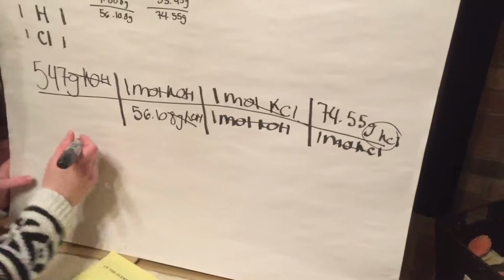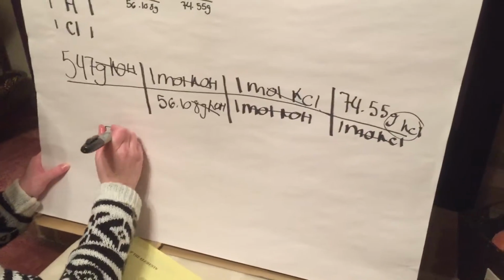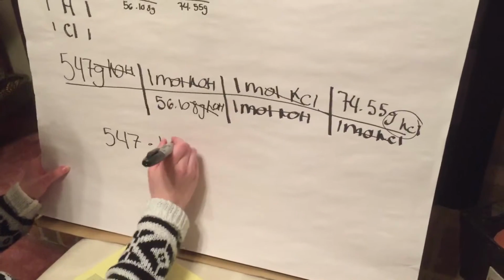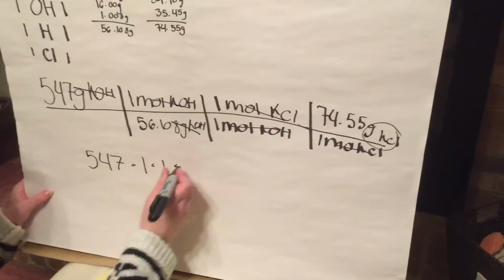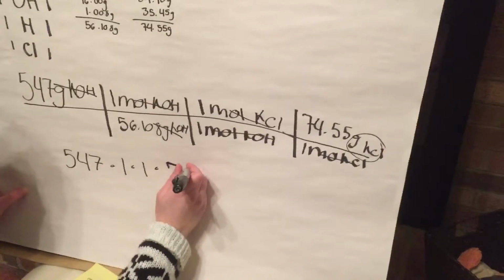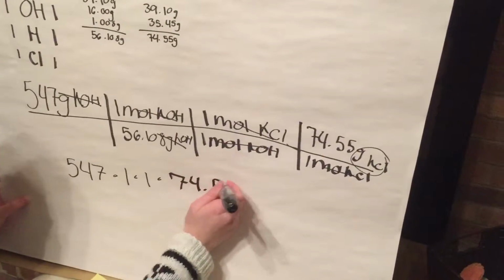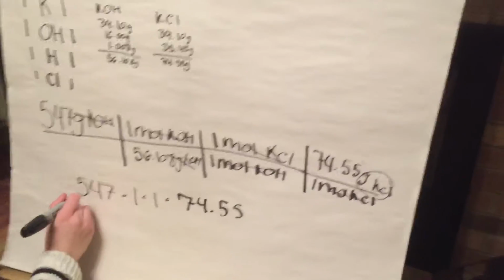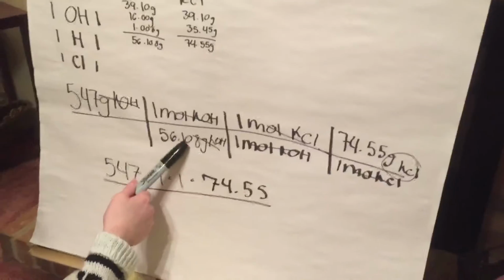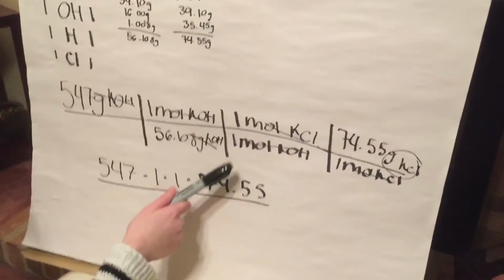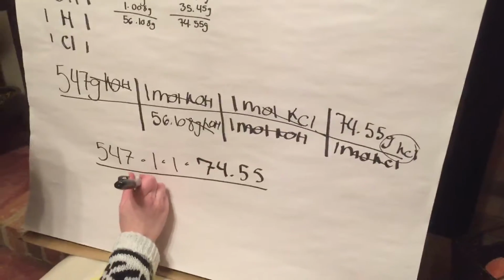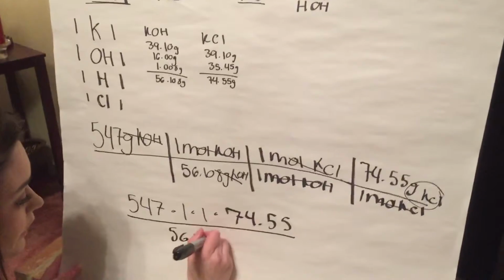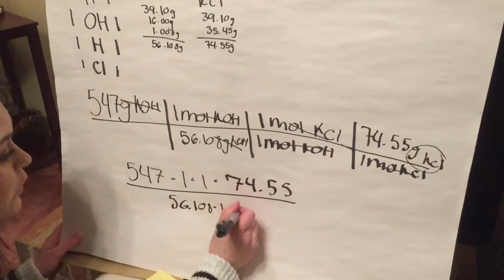So we're going to type in 547 times 1 times 1, and you can just leave that out if you want to, times 74.55. That is what you have on your top. On your bottom, you have 56.108, times 1 times 1.